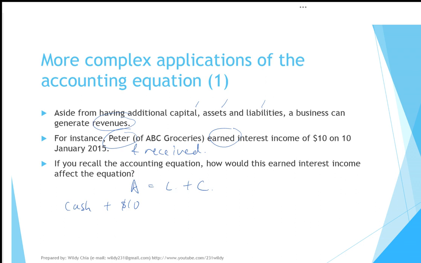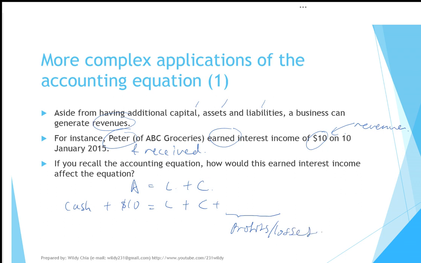But wait, this interest income is not a liability. This interest income is actually a form of revenue. Now there is a slight problem, because in this equation there is actually no classification for revenue. What do you do? Let me introduce one more thing. In the accounting equation, there is an additional portion for profits and losses.